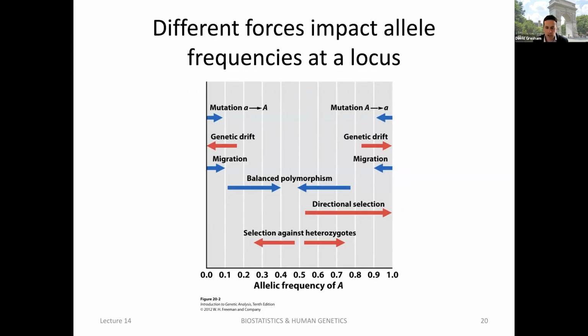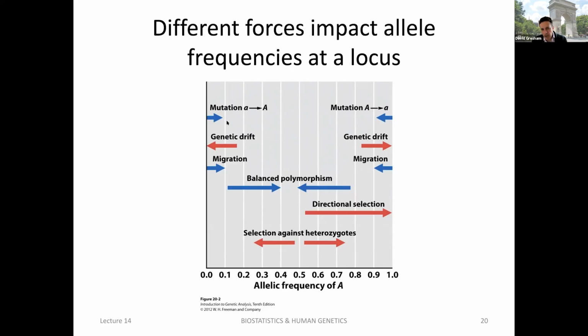And then directional selection, which can act either to drive allele frequencies to fixation or to loss, and interesting scenarios in which we can have selection either for maintenance of polymorphism or the converse scenario in which we have selection against heterozygotes. And that would be another really interesting scenario, which we're not going to study in our simulations, but would be an interesting case to look at once you're able to do the scenarios that we'll look at.